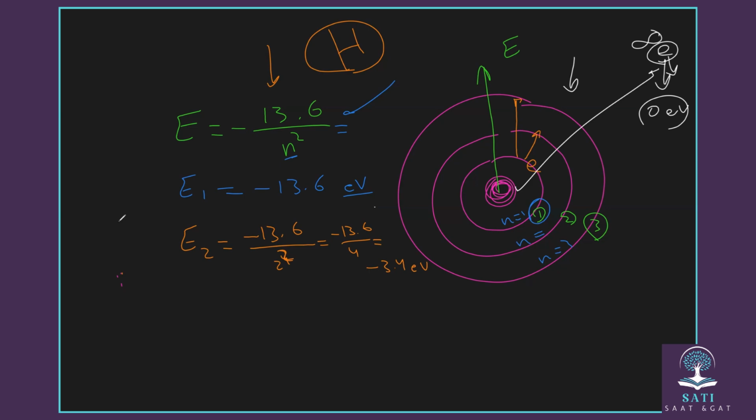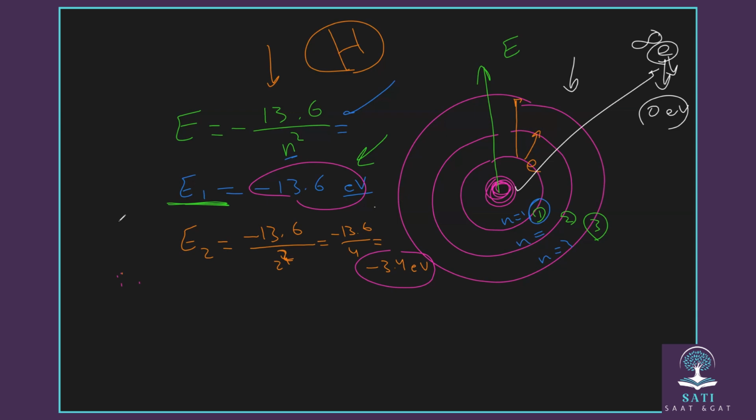Okay, what does this number here, and what does this number here mean? This number here means that when the electron is at the first energy level, it needs 13.6 electron volt of energy in order to be ejected or to be away from the atom.